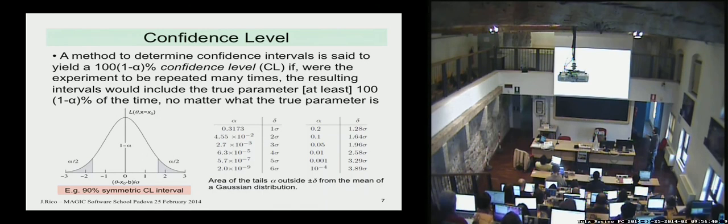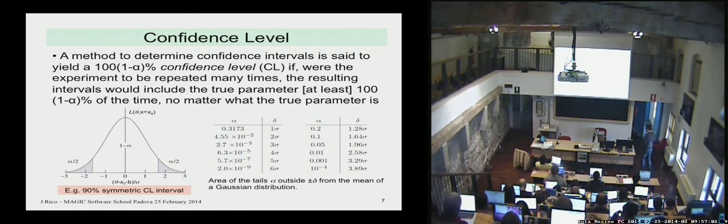So the confidence level would be (1 minus alpha) times 100%. If we repeated the same experiment many times, the resultant intervals that we would produce by the method would include the true parameter this percentage of the time, no matter what the true parameter is.